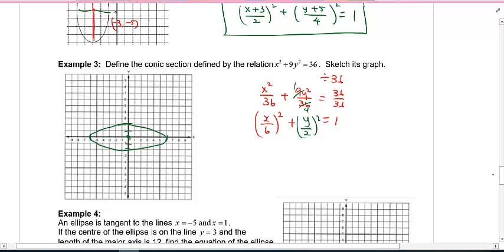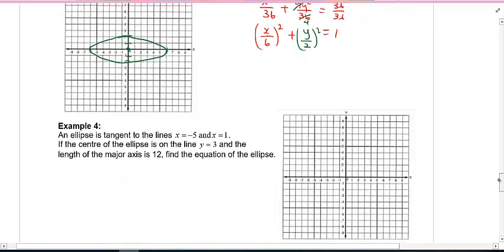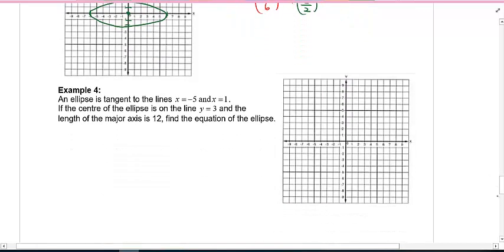I'm going to let you try example number 4 yourself, and then, like I said, when you're done, come back and check your answer with mine. If you're not too sure what this word tangent means, that just means it touches. So x equals -5, x equals 1.